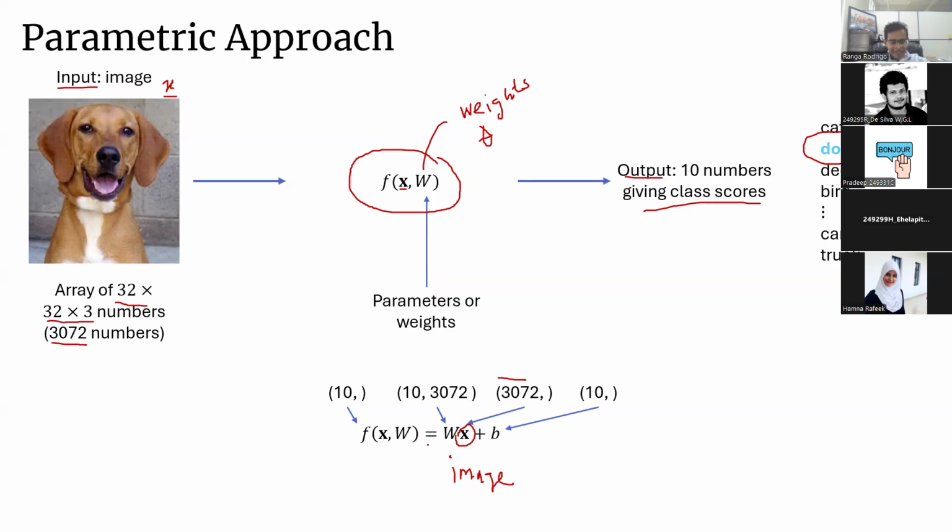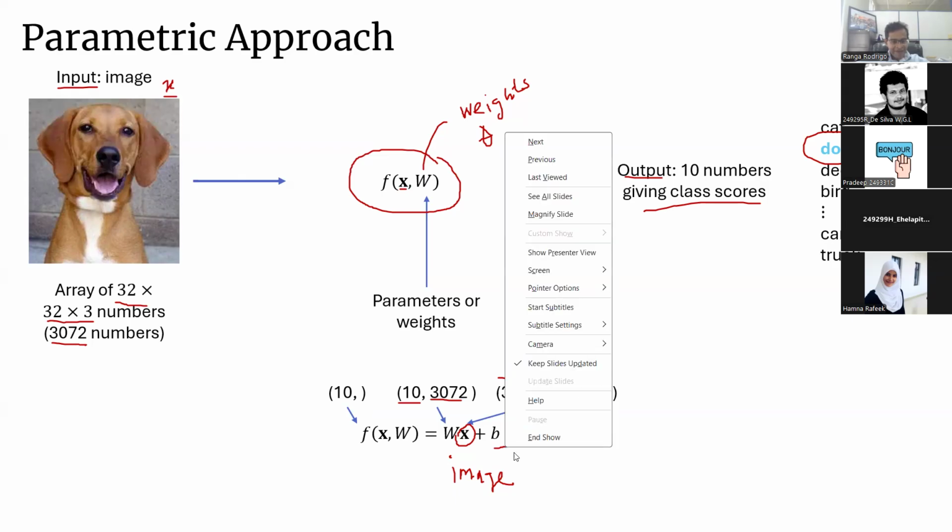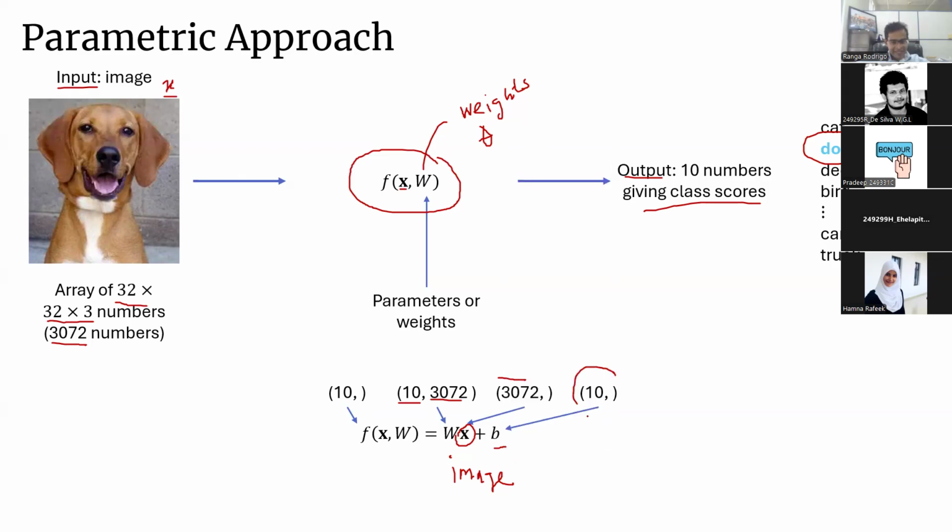Therefore, to multiply that, we need W to have 3072 as its second dimension, and the first dimension of W has 10 rows. And B is called the bias, and that one has 10 numbers. So finally, the output, the score, will have 10 numbers corresponding to the 10 classes. This is how we design this. I hope it is clear to you.